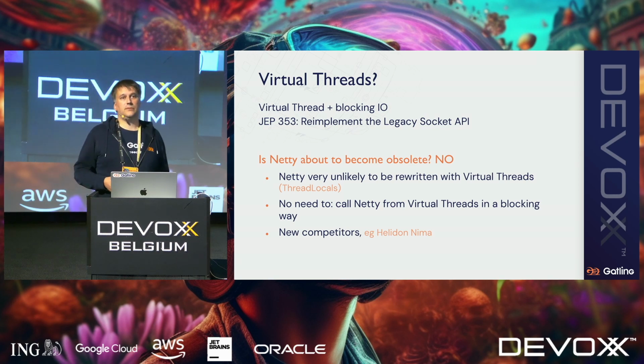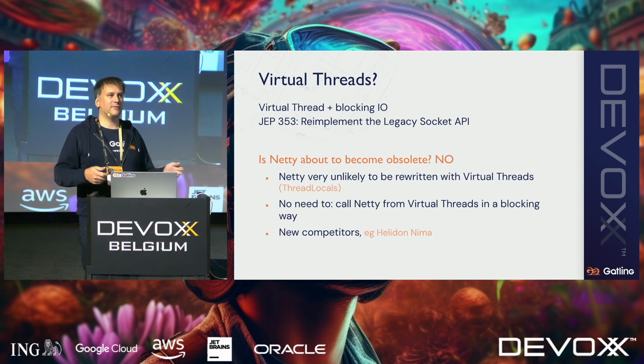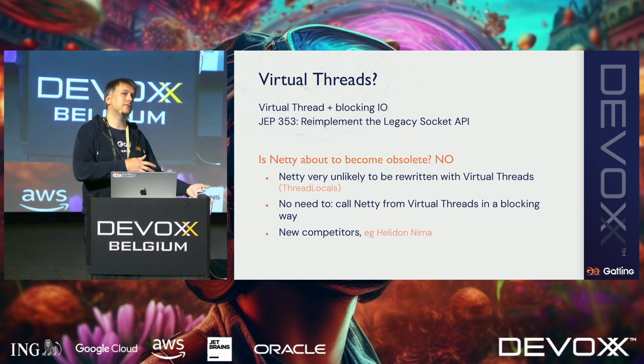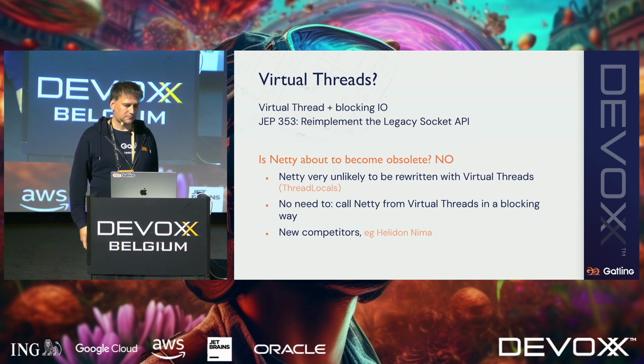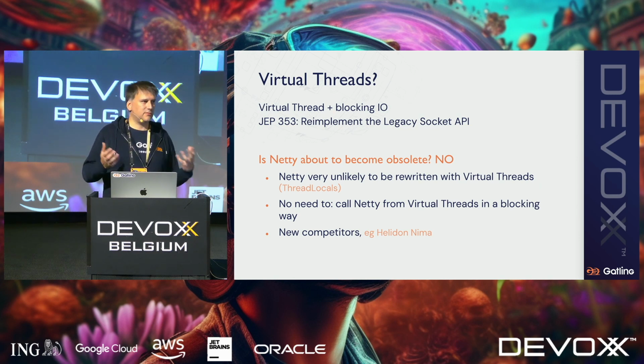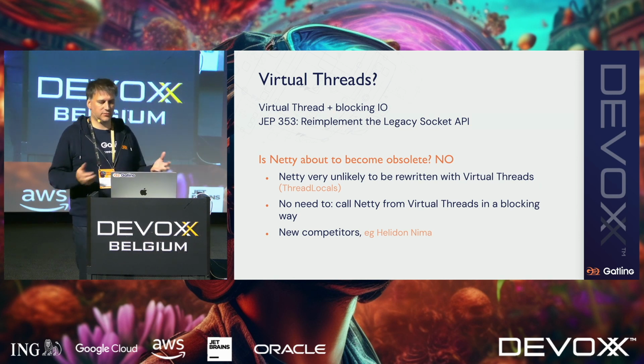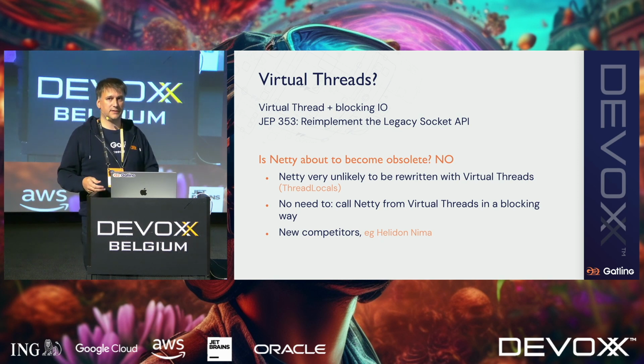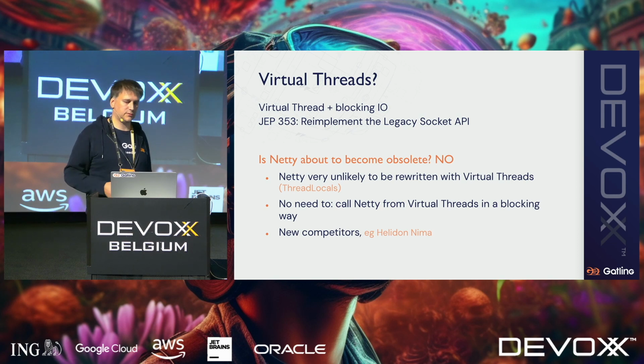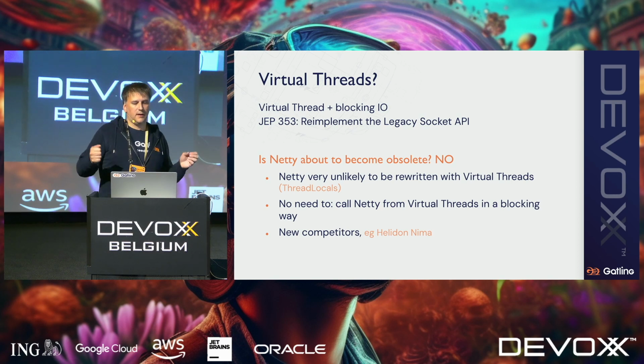You could perfectly do the same thing from your virtual threads to use Netty. So there's no really compelling reason to switch to implementing on top of virtual threads. You can use Netty from your virtual threads, just like you have to call to properly suspend and resume.